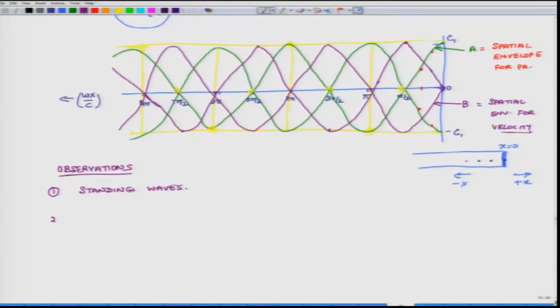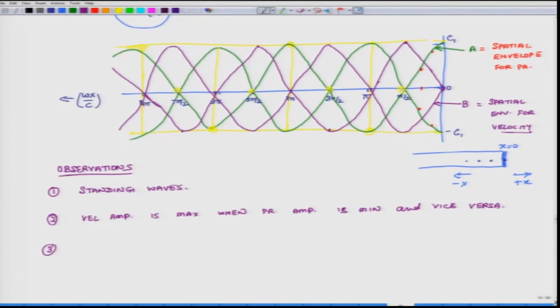The second observation we make from these graphs is that velocity amplitude is maximum when pressure amplitude is minimum, and vice versa.